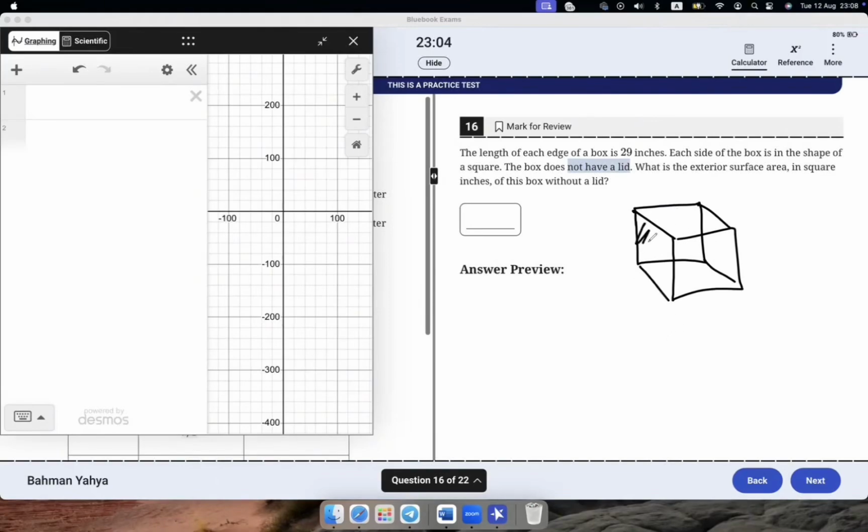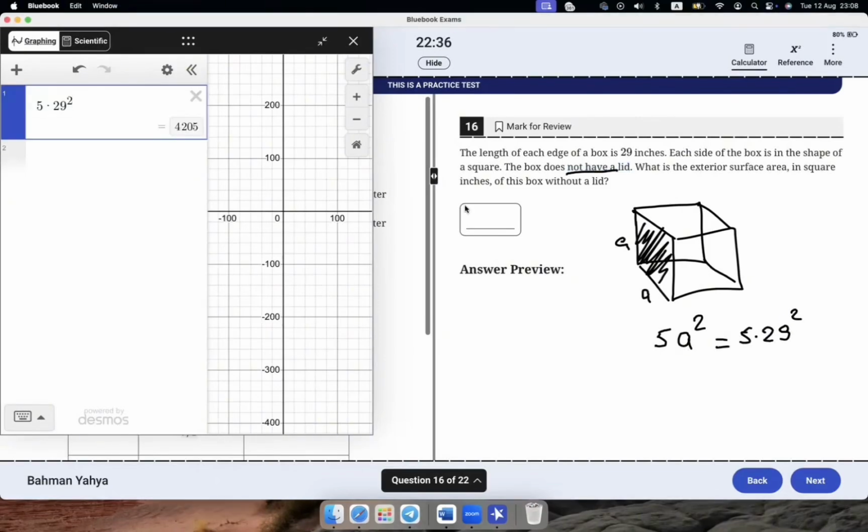Surface area, and because these are squares, one side is A squared. Because we have 6 sides, I'll write 6A squared. But because it doesn't have a lid, if we don't have this part, we have 5 sides, right? So because each side is 29 inches, I'll write 5 multiplied by 29 squared.